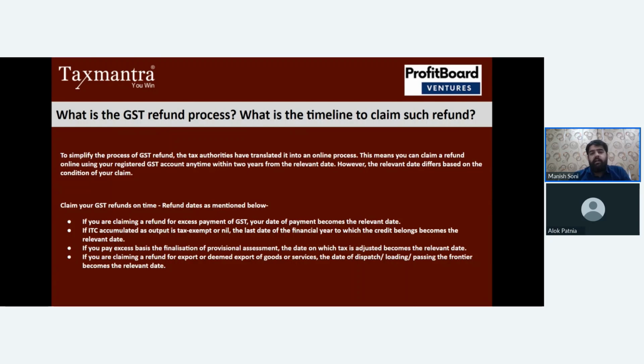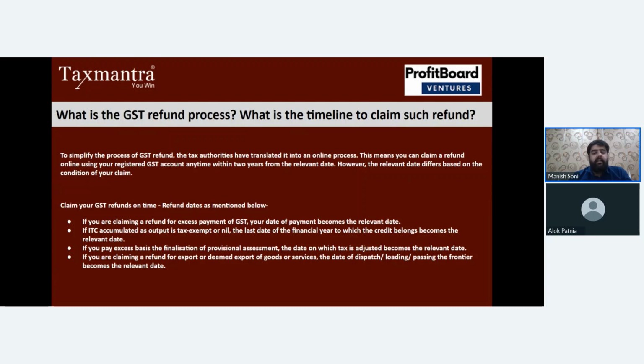There are certain criteria and categories where the timeline may differ in different scenarios. If you have made an excess payment of GST, 2 years from the date of payment should be the timeline for claiming such refunds.